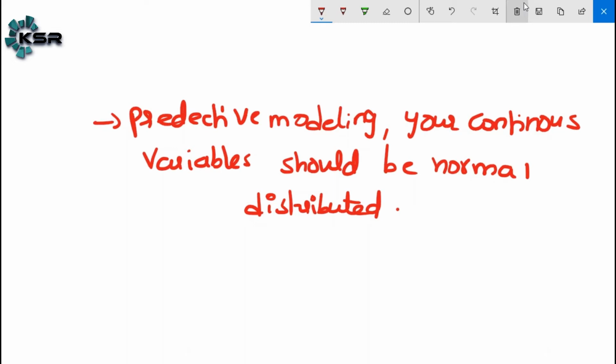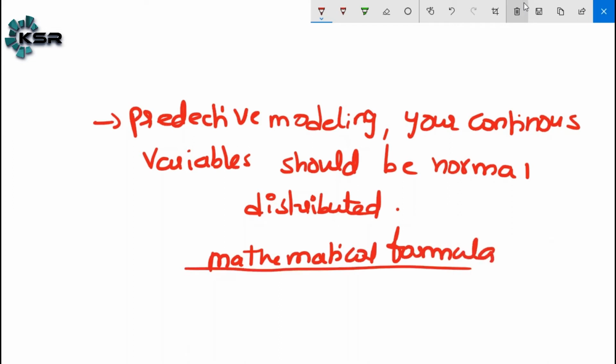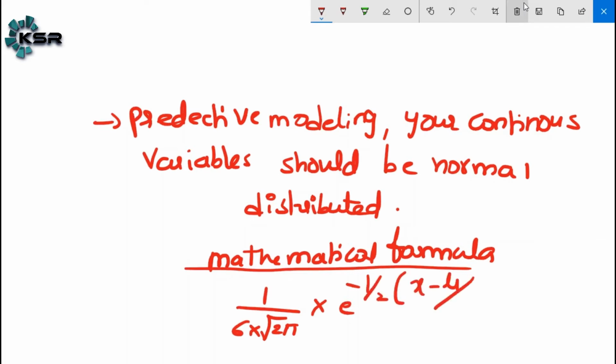Now the mathematical formula for the normal distribution will be 1 by sigma into square root of 2 pi into e to the power of minus 1 by 2 into x minus mu by sigma whole square.